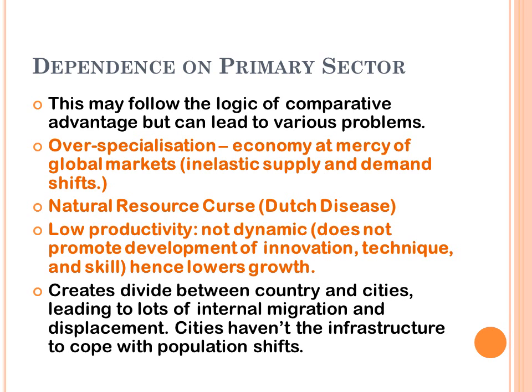So on the one hand, we can see that if you have a comparative advantage, it makes sense to specialise in the production of that good and import others. But there are problems with that. One is the problem of over-specialisation, particularly as we understand that primary products are determined in global markets by perfect competition, and so their price is not something that can be controlled by the producers individually.